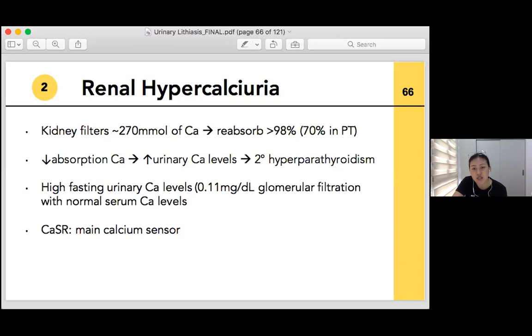Serum calcium levels would remain normal because the renal loss of calcium is compensated by enhanced intestinal absorption of calcium, and also by bone resorption. Therefore, high fasting urinary calcium levels with normal serum calcium levels are characteristic of renal hypercalciuria. CASR, or the calcium sensing receptor, is the main sensor that is involved in this.